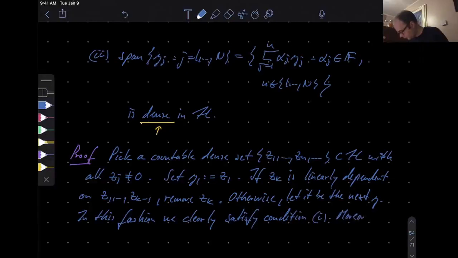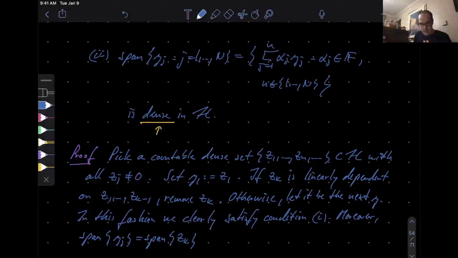Moreover, throwing out only linearly dependent stuff, the set of linear combinations of the z_k is exactly equal to the set of the linear combinations of the y_j, right? Because you create the y_j's from the z_k's by only throwing out linearly dependent z_k's.